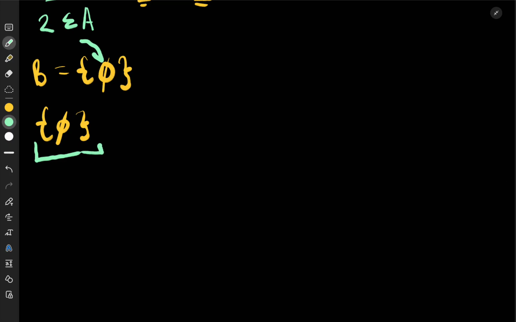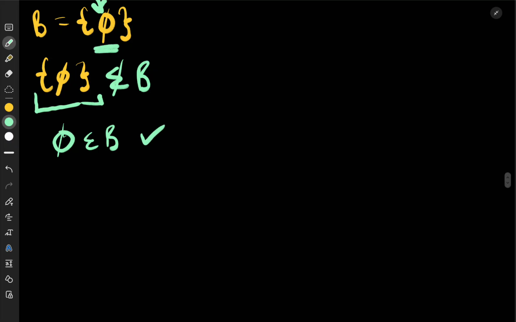I'm going to go inside set B. I will not see it. Inside set B, I will only see this symbol. I will not see this whole thing here. So that means this thing is not an element of B, because remember, element means it is inside B as it is. But this symbol is an element of B. That is true. This symbol is an element.